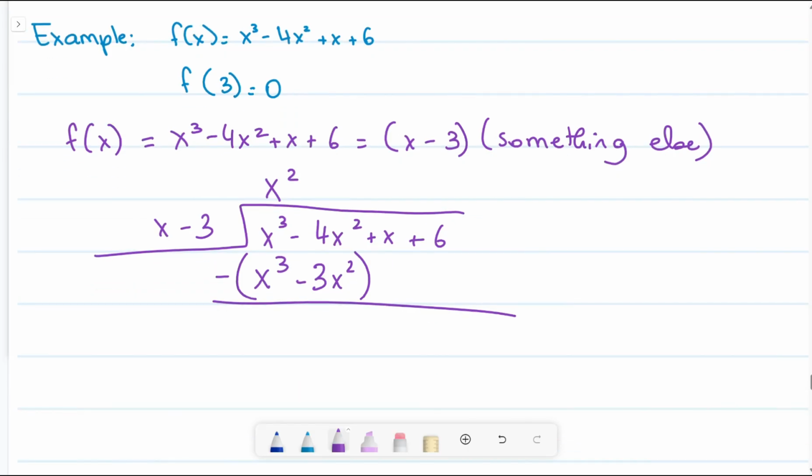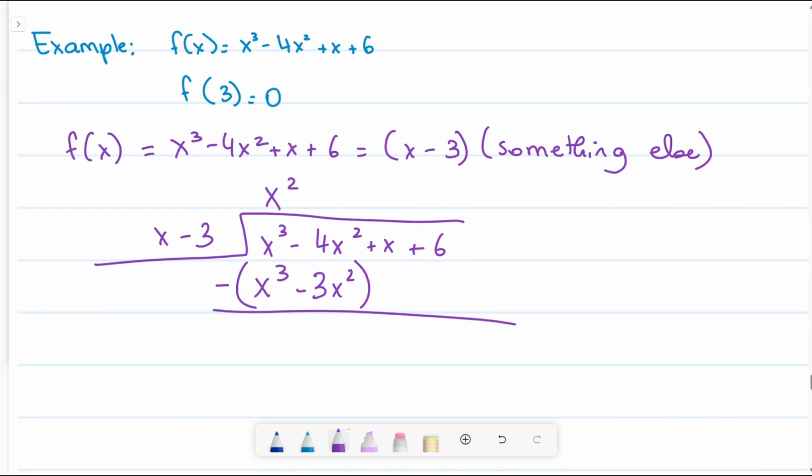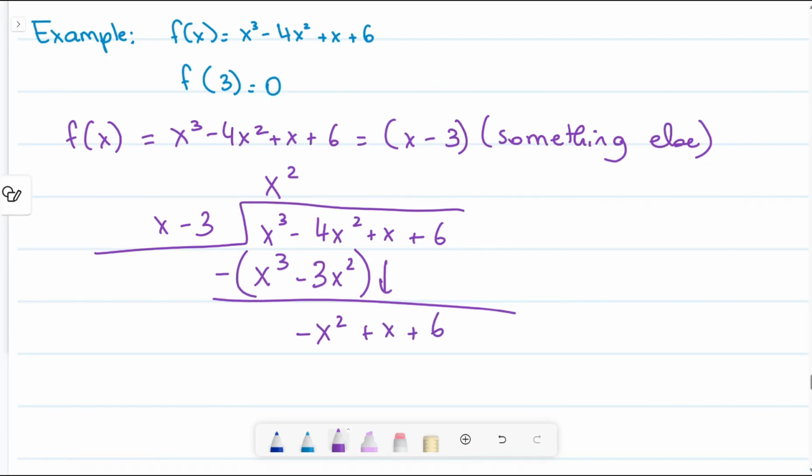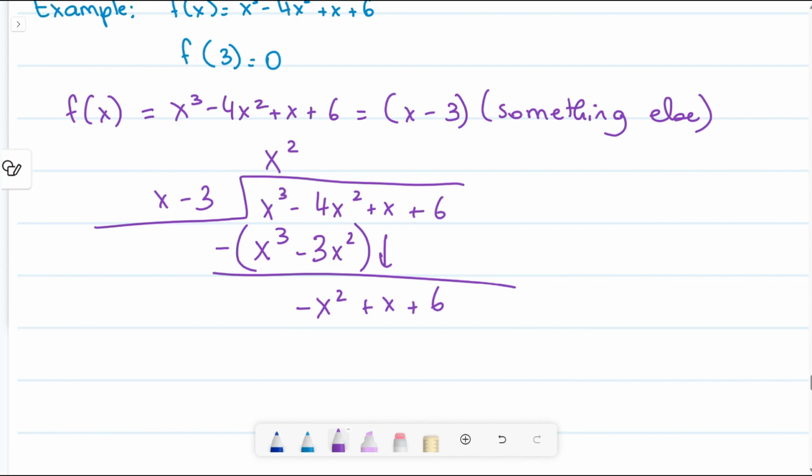X cubed minus x cubed is 0. Negative 4x squared minus negative 3x squared is as if we're saying negative 4x squared plus 3x squared, which is negative x squared. We drop the rest. So negative x squared plus x plus 6.